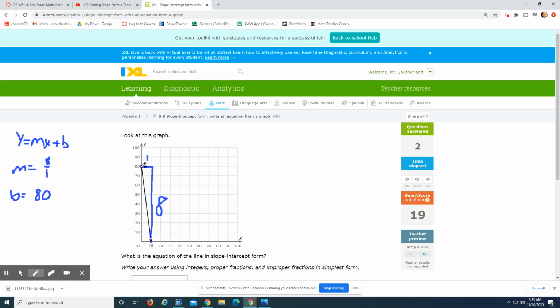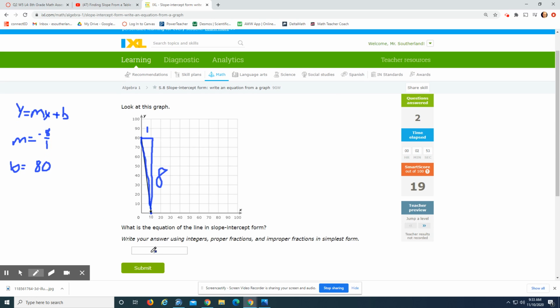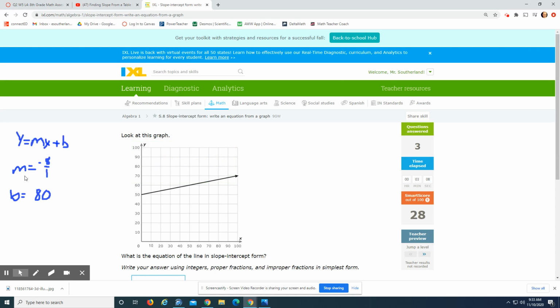And then we can see that left to right it's going down. So it's a negative slope. So again, we're going to type in y equals negative 8 over 1 x, and then because it's positive 80, we put plus 80.